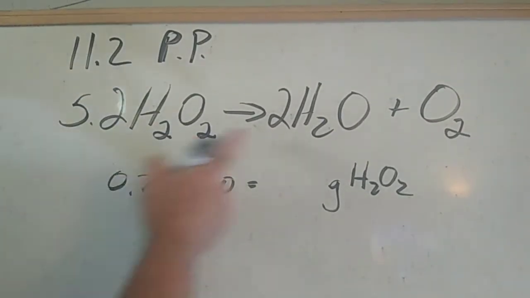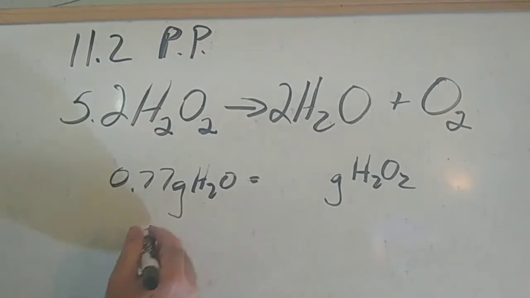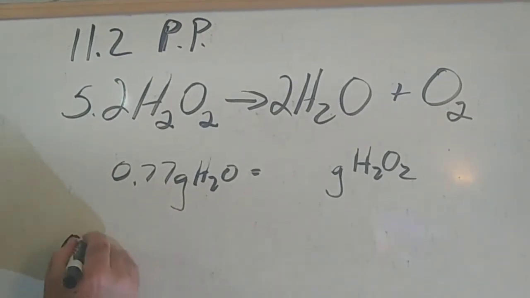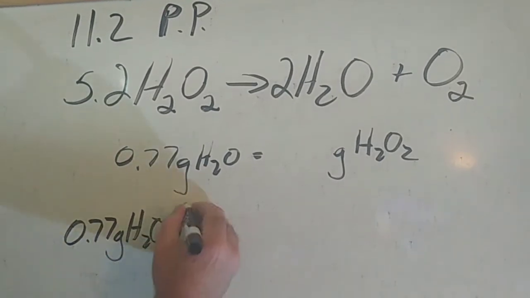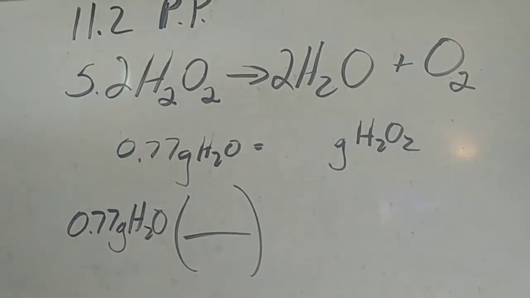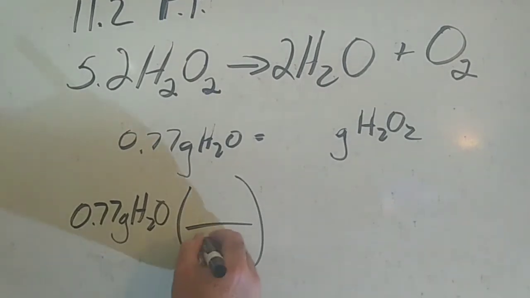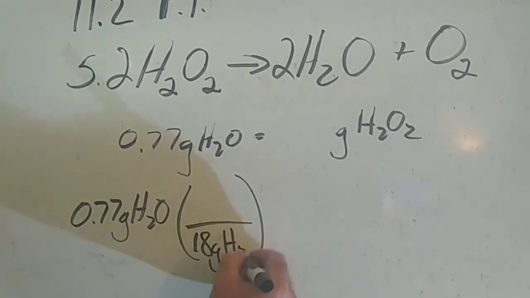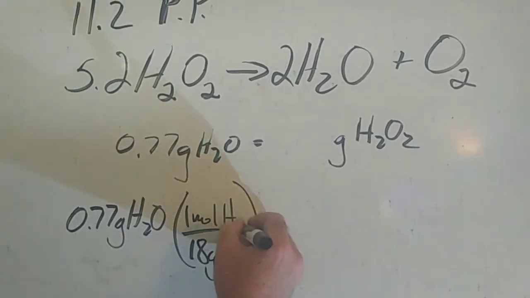So the only thing is now we got a conversion between water and our peroxide. So 0.77 grams H2O. First thing is we convert that into moles of H2O. So 18 grams of H2O, which we get from our periodic table, is 1 mole of H2O.